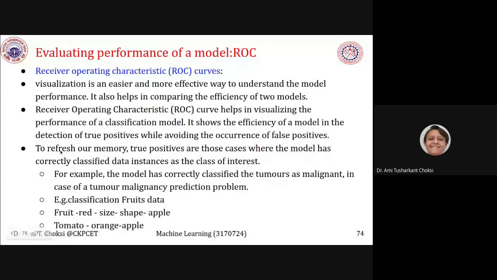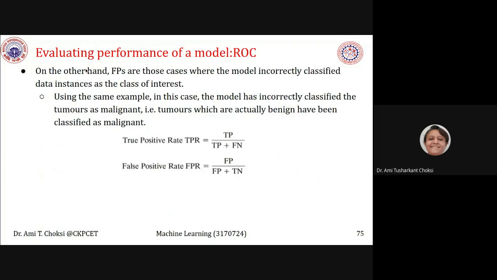To refresh our memory, true positives are those cases where the model has correctly classified the data instances as the class of interest, right? I have just recalled the last lecture for you because of this, so that we can have the idea, fine?